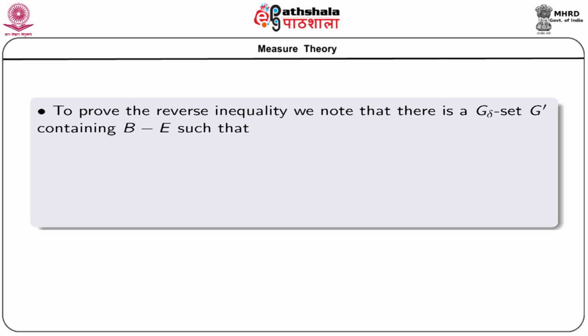So, to prove the reverse inequality, we first note that we can find a G delta set G dash containing B minus E such that μ of G dash is equal to μ upper star (B minus E). This follows from the definition of Lebesgue outer measure.